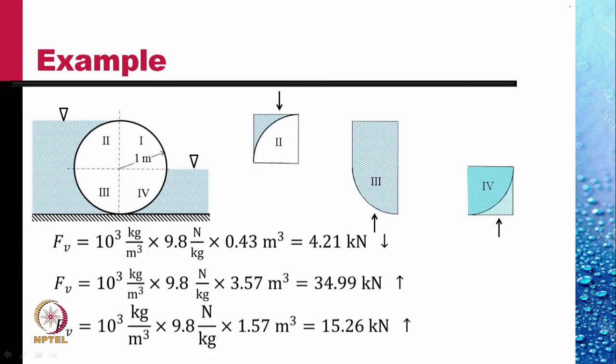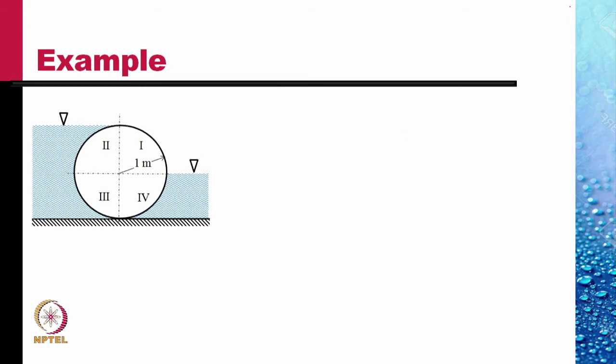On quadrant 2, the force is 4.21 kilonewton downwards, and on the third and fourth quadrants, they are 34.99 kilonewton upwards and 15.26 kilonewton upward. We can sum up the three and find out the total vertical force on this circular cylinder per unit depth into the paper.